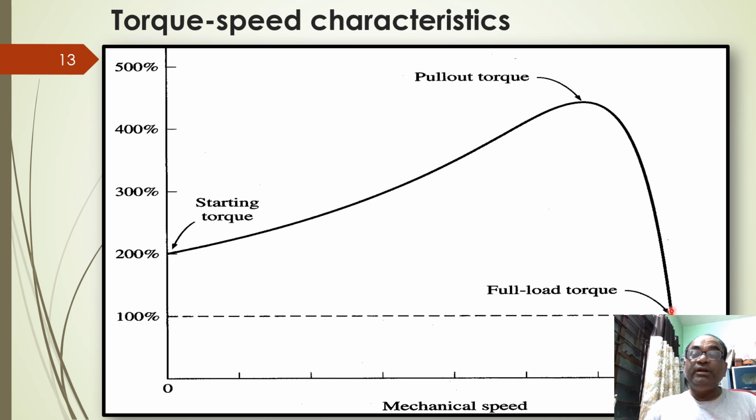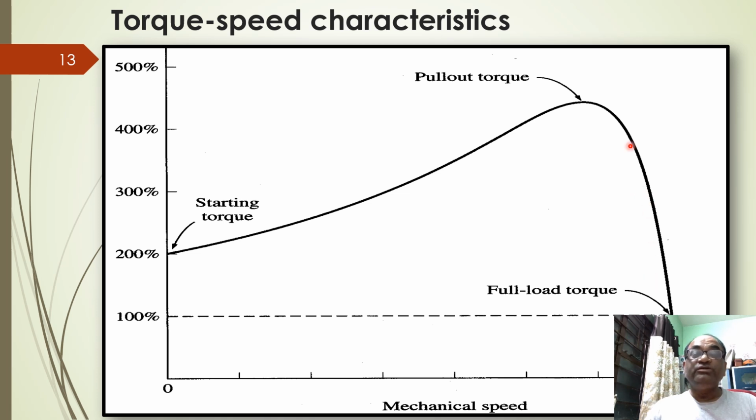But if you demand higher torque, it will increase the torque, but at the same time, it will reduce the speed. So, on the sacrifice of speed, it will deliver you more torque. On the sacrifice of torque, it will deliver you more speed. So whatever you demand higher, the other part of these two will decrease.